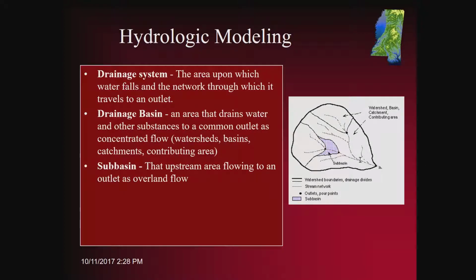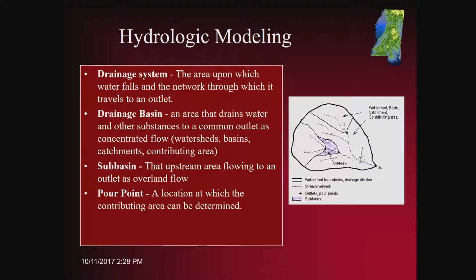A subbasin is an upstream area flowing into an outlet as overland flow. The subbasin is part of the basin. It may not actually have a stream inside it; it might be flowing as overland flow.